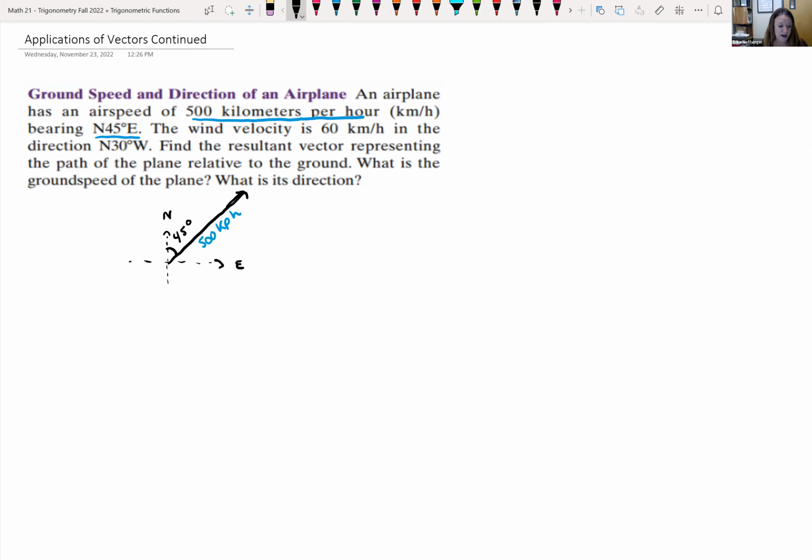And then we have the wind. So the wind has a velocity of 60 kilometers per hour in the direction of north 30 degrees west. So I'm going to start at the north, and I'm going to go 30 degrees towards my west.